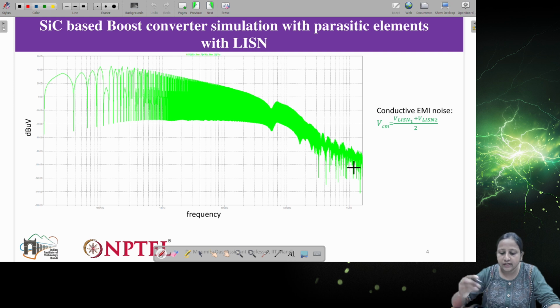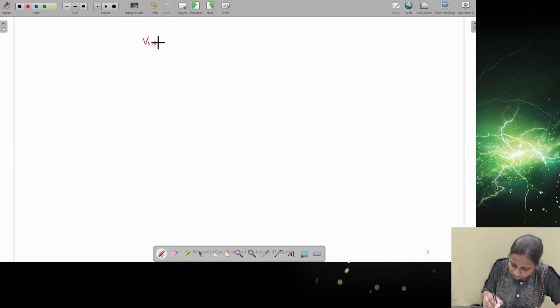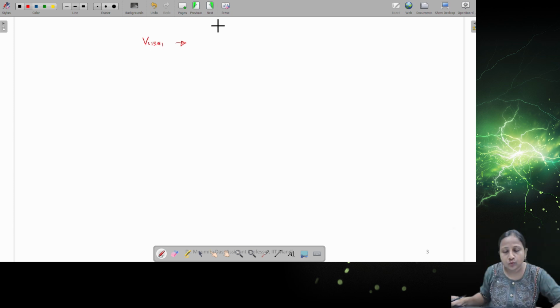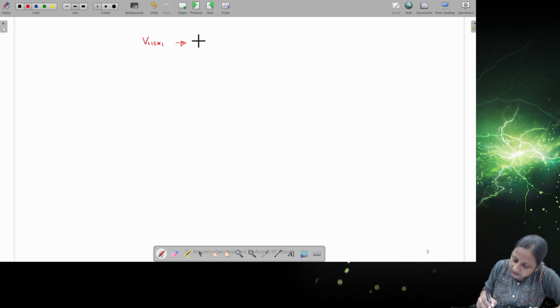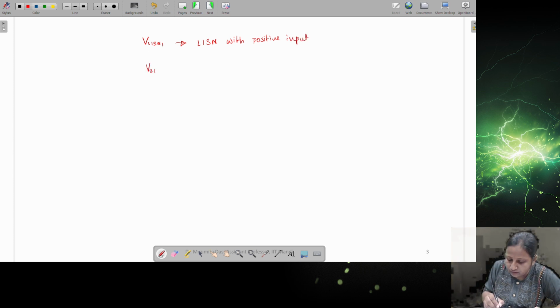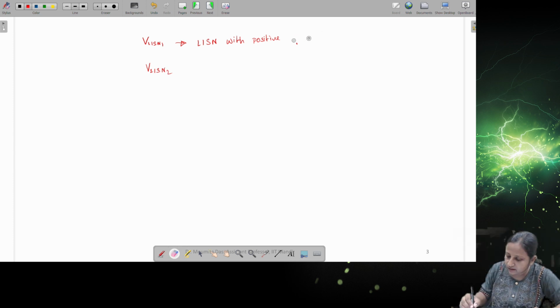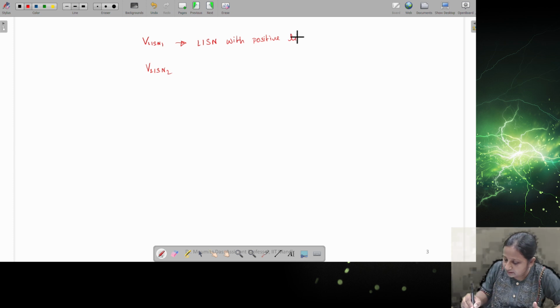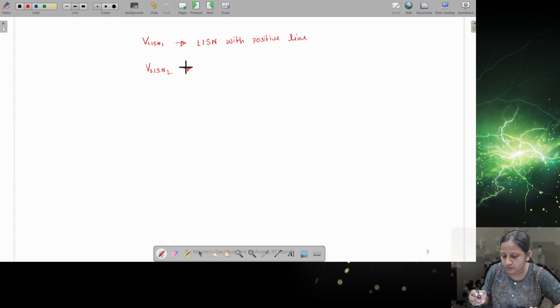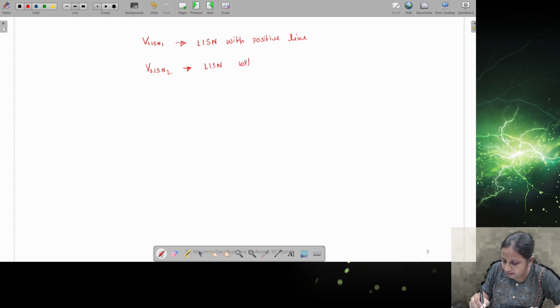So in LISN, these two lines: VLISN1 is with respect to the LISN connected with the positive line, and VLISN2 is the LISN with the negative line.